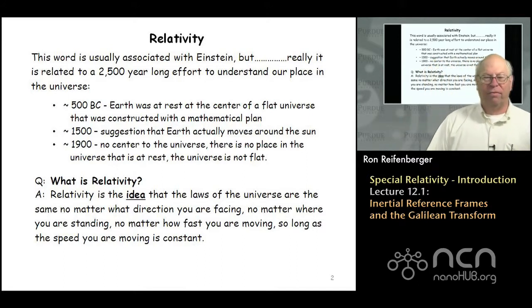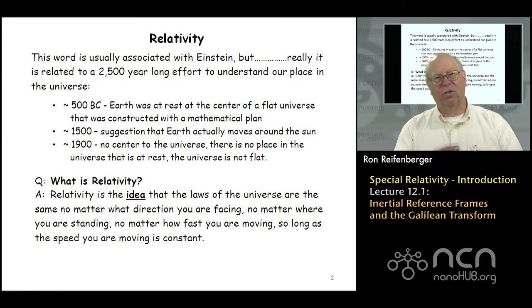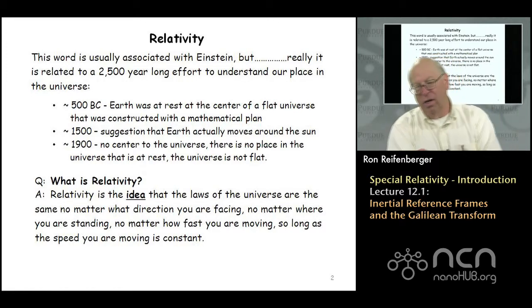And that view of the 1500s should be contrasted to the view that developed in the early 1900s, when it was basically realized there is no center to the universe. There's no place in the universe that is at rest.